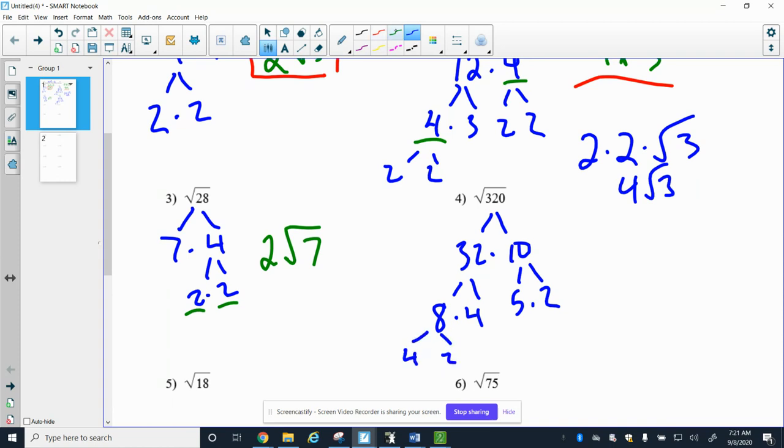Now we see some pairs. We have a 4 and a 4, 2 and a 2. So really we have 4 times 2 times root 5. It's the only thing that's left over. Simplify that: 8 root 5.